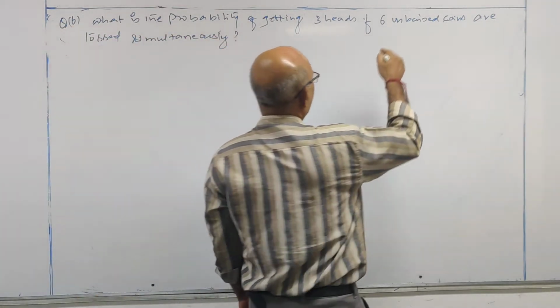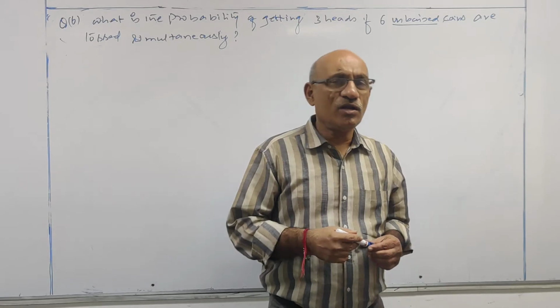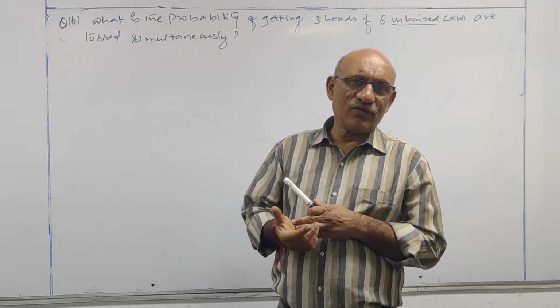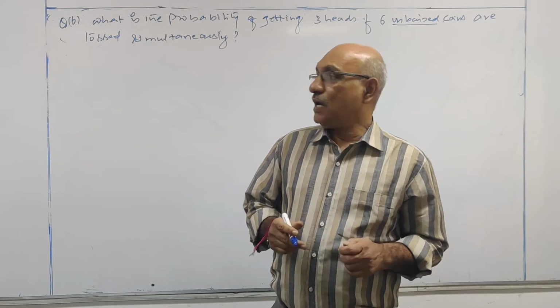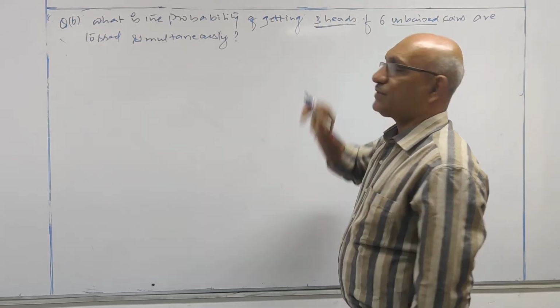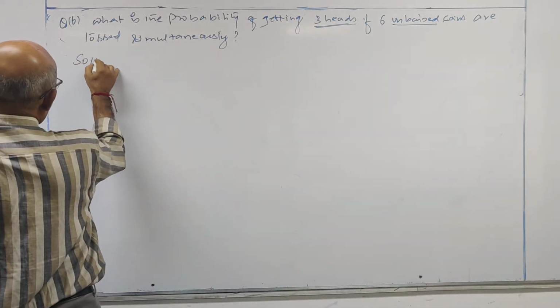Now, don't get any confusion with this word unbiased. Unbiased means ordinary coin, one side of which is having head, another side is having tail. Now I have to calculate the probability of getting 3 heads. Look at the solution, sir. How to proceed?